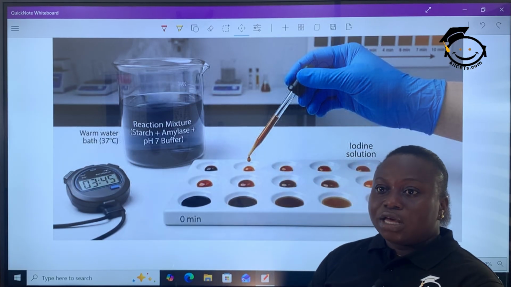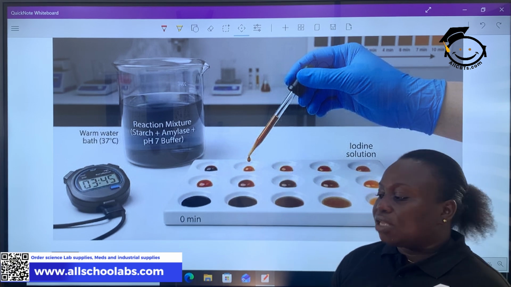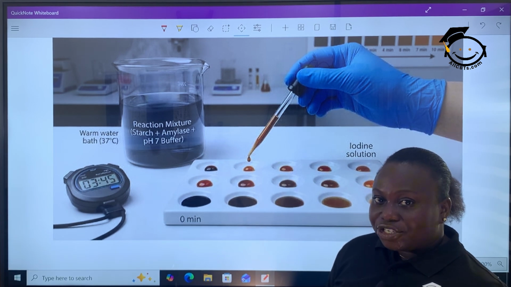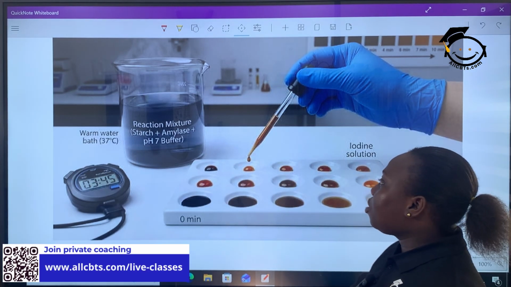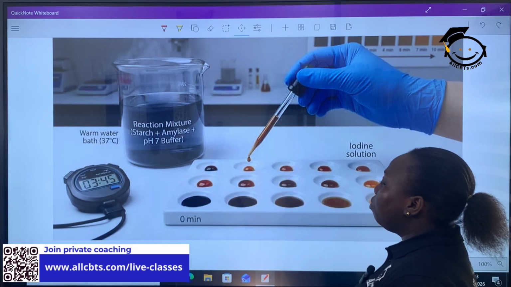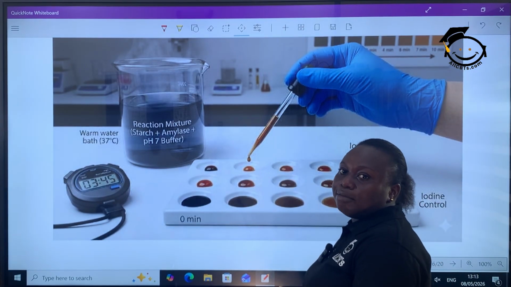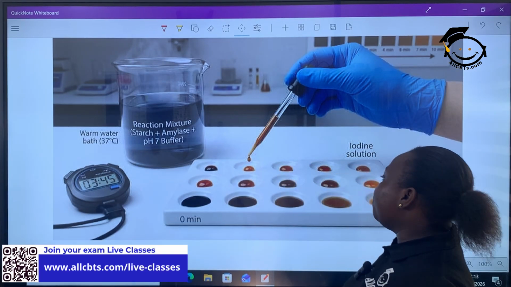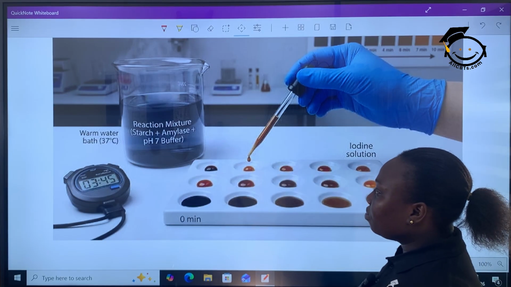In one of them you put starch. In the second one, you put starch and amylase. But you can continue, reducing the amylase or increasing the amylase.